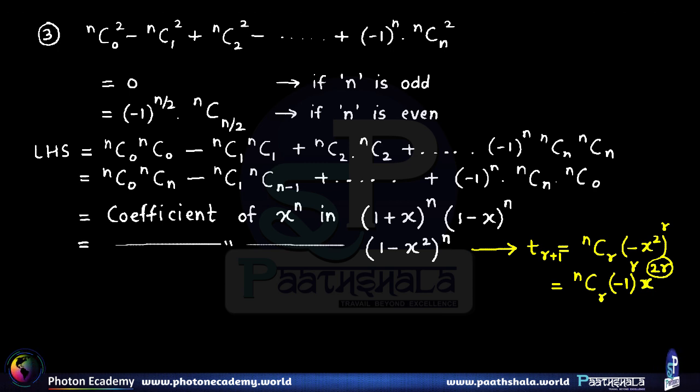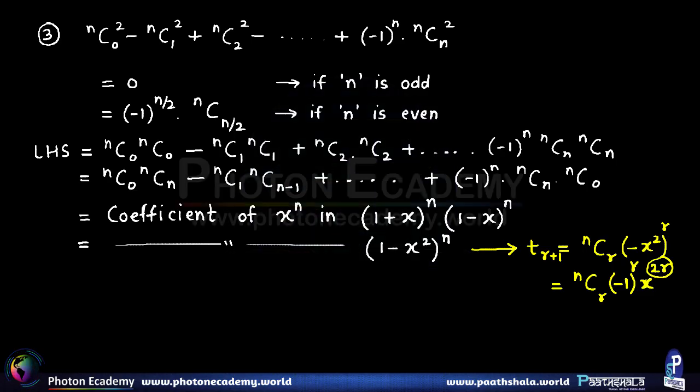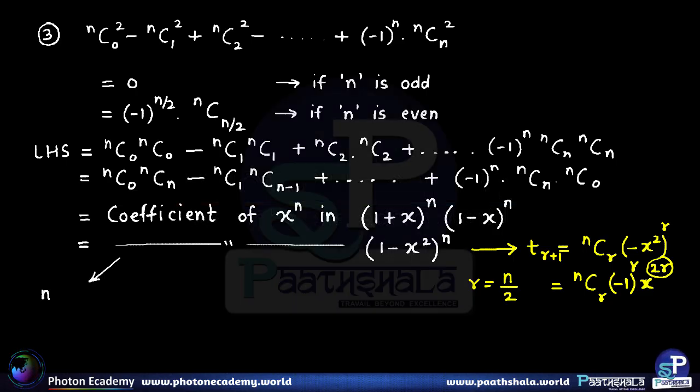On the other hand, if n is odd, then r is not an integer, because r will be equal to n by 2, which will not be an integer if n is odd. So here we have two possibilities. First, if n is odd, then we will not find any term in x raised to n. So here we get the first result, that the required sum will be equal to 0.